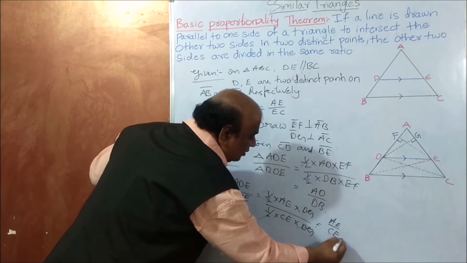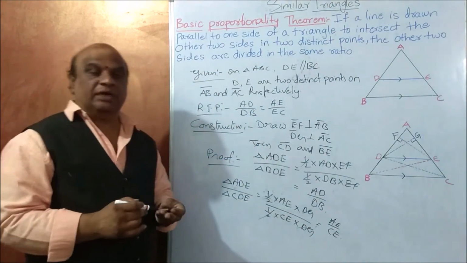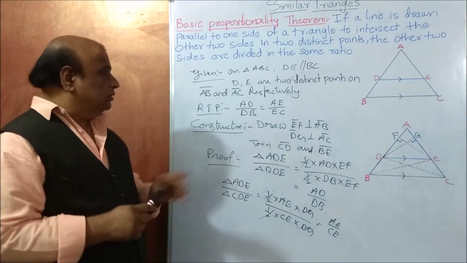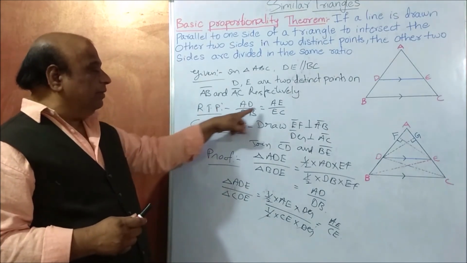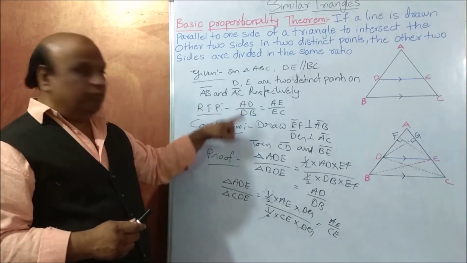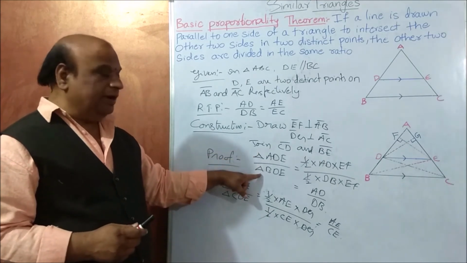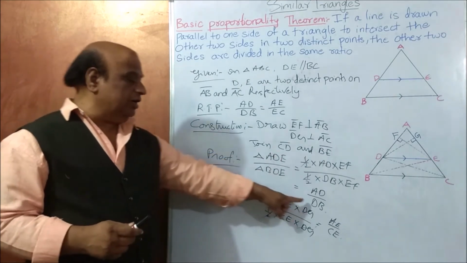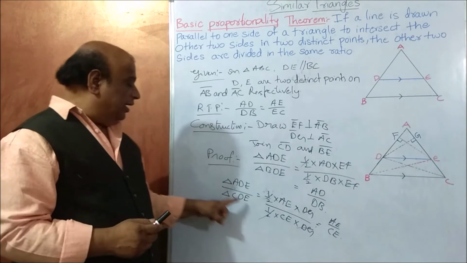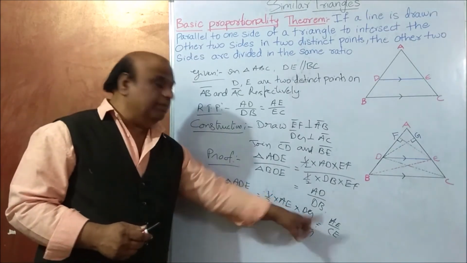So, students, remember, once again I am explaining, the RTP is AD by DB is equal to AE by EC. According to AD by DB, we have to select the triangles like this. Triangle ADE by BDE, from this ratio we got AD by DB. Here, triangle ADE by CDE, we got AE by CE.